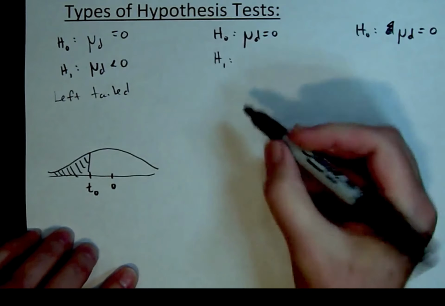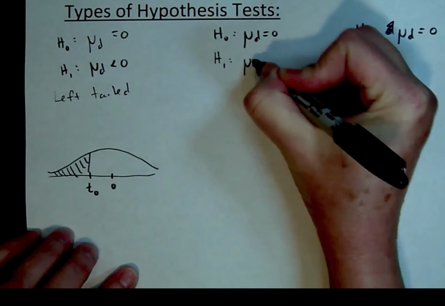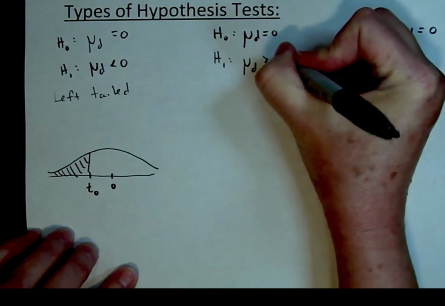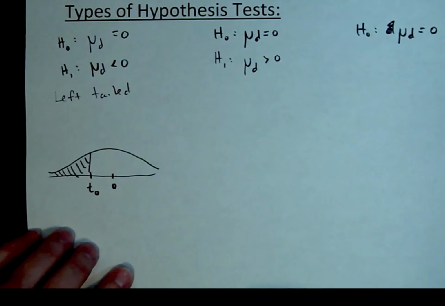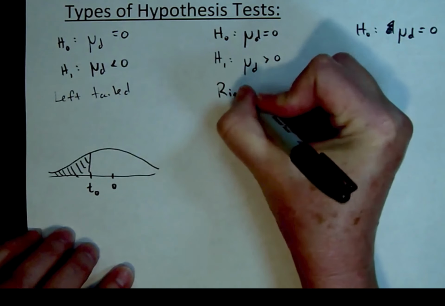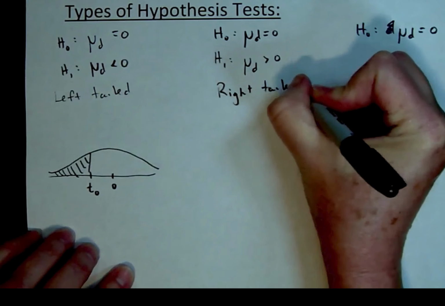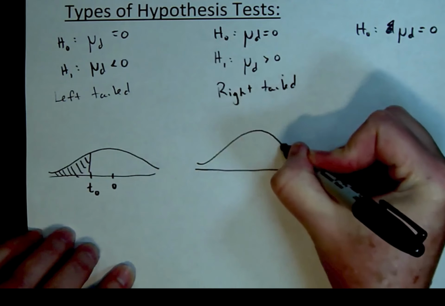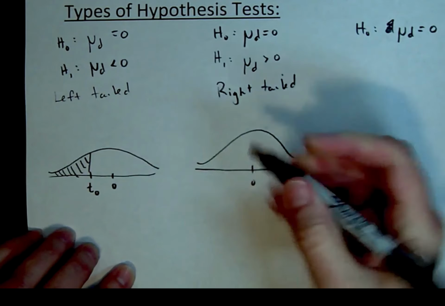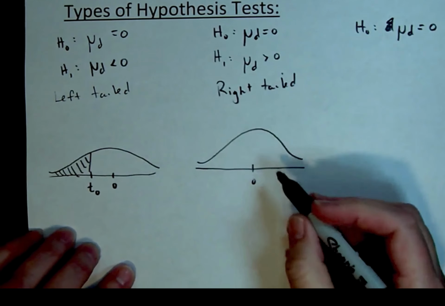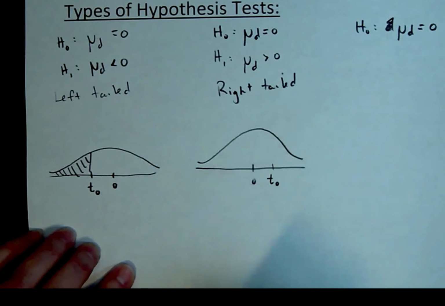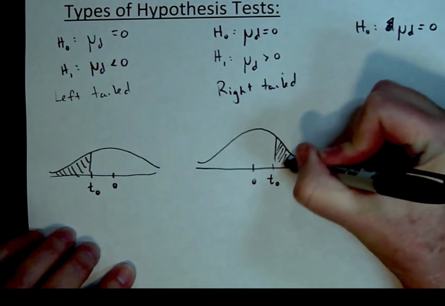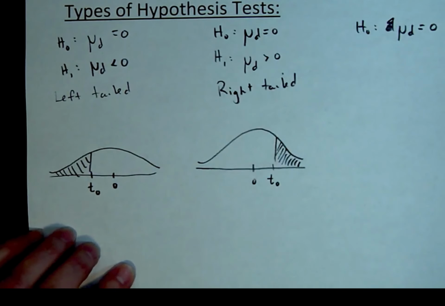Okay, let's see. I guess another possible alternate hypothesis would be that the average difference between the two populations is actually greater than 0. That would be a right-tailed test. So again, we'll compute a test statistic. Then we're going to be using the t distribution. Our test statistic is going to be some number that we call t naught, and then we'll be looking for the p-value or probability area to the right.